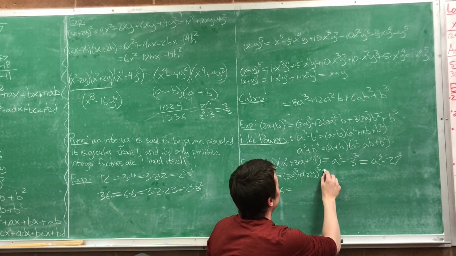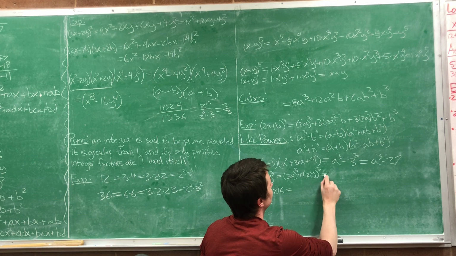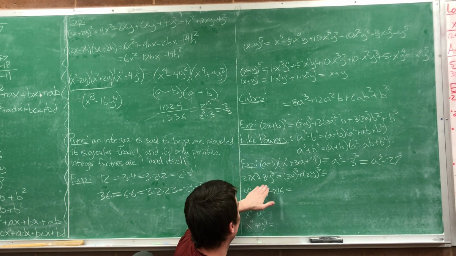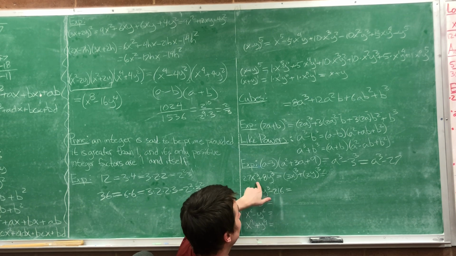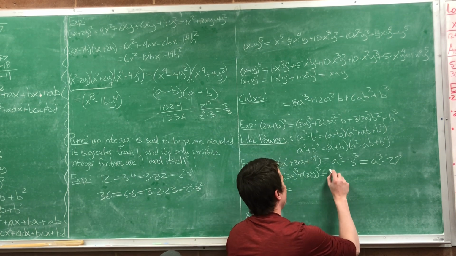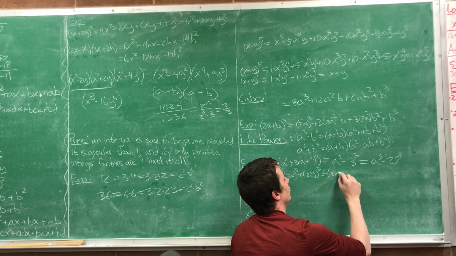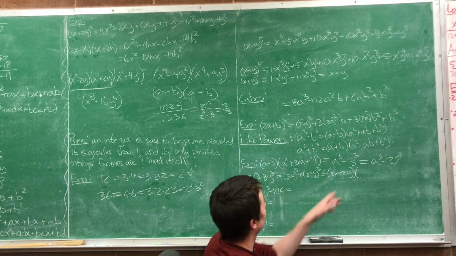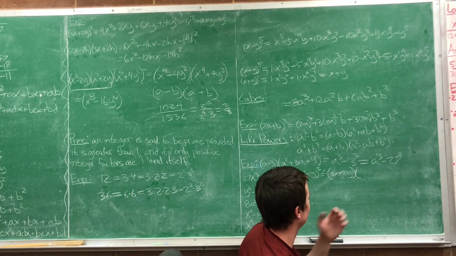And now we can just look at the formula. So now here's our a, here's our b, and we know now if we were to factor that, with the sum, we get a plus b, so 3x plus 2y, times, and then we have a squared minus ab plus b squared.